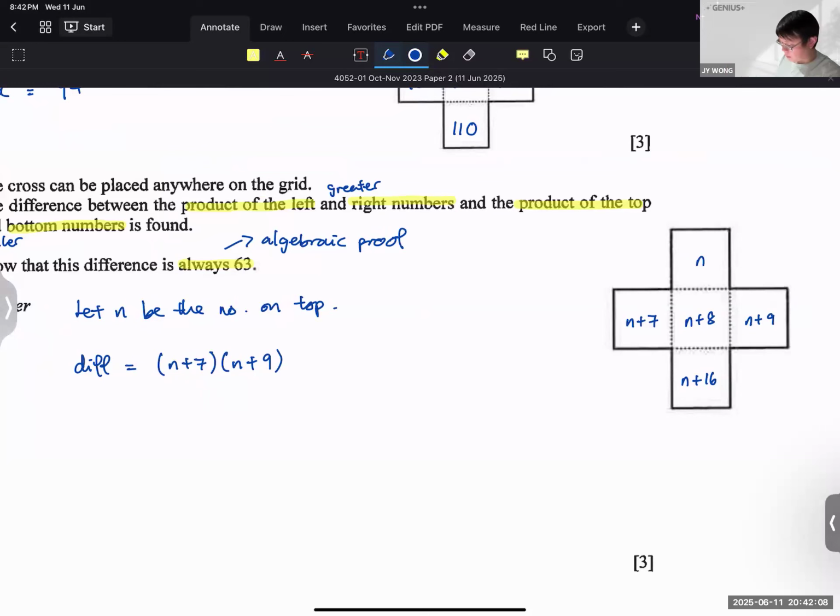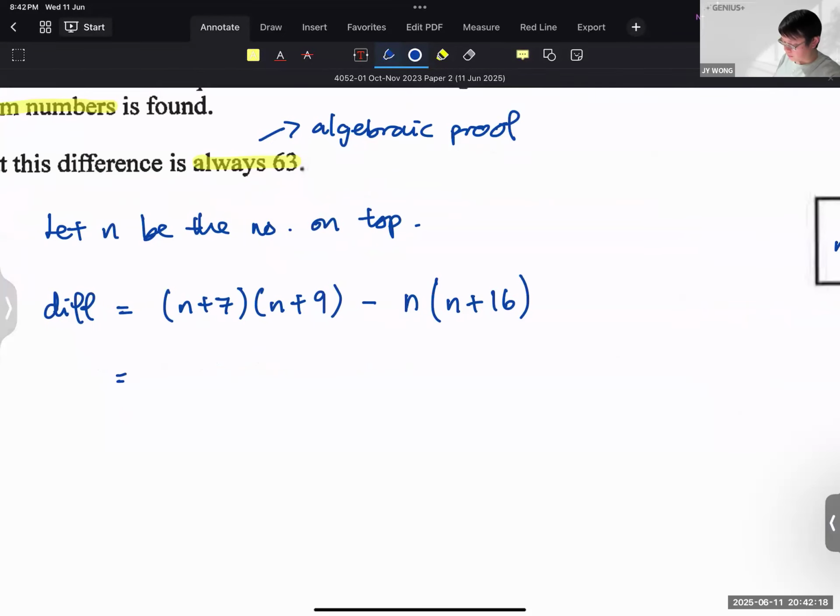So n plus 7 times n plus 9 minus n times n plus 16, which is your top and bottom number, correct? There is nothing better to do, just go and expand and simplify. So you will get n squared plus 9n plus 7n plus 63 minus n squared minus 16n. When you expand, please make sure you expand properly and change the sign.